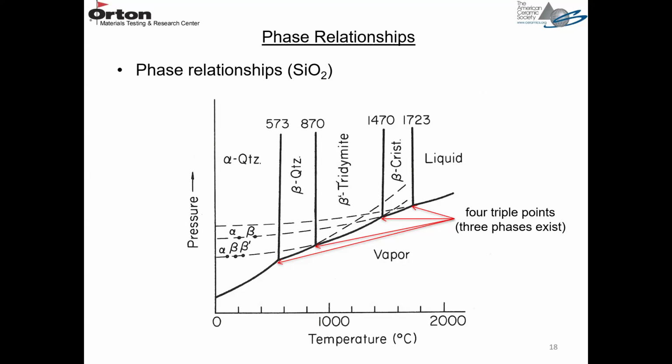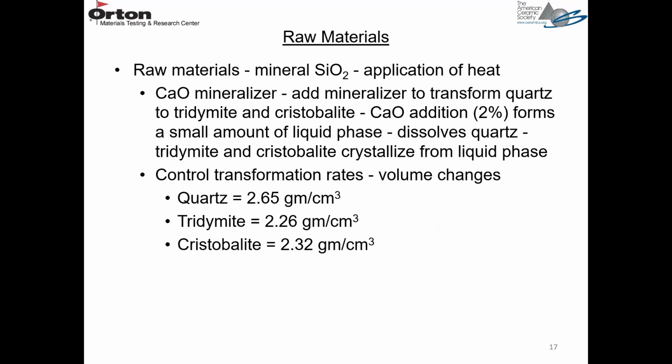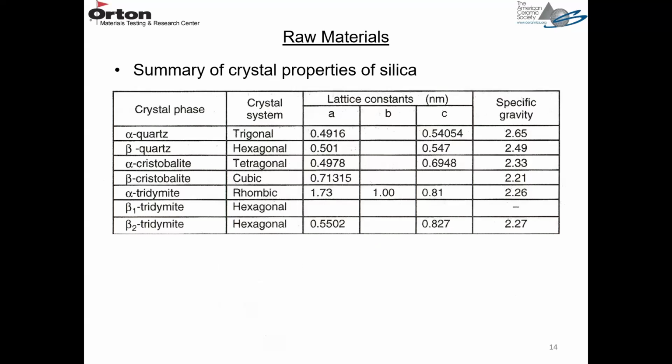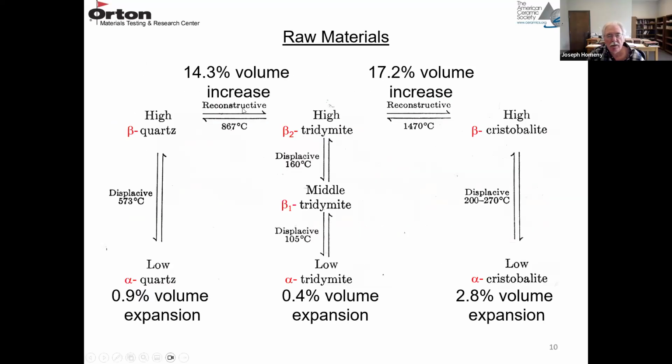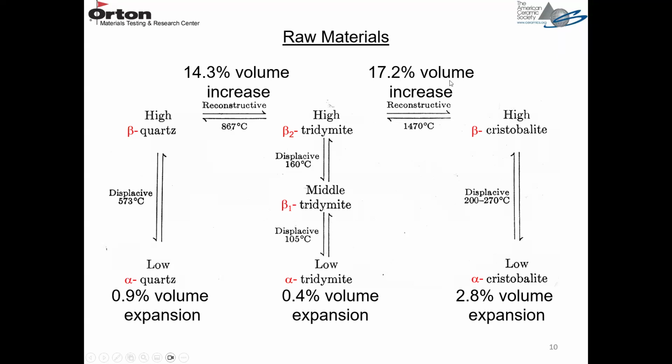I have a question. For the previous slide, you showed the volume change from quartz to tridymite as like 14, and from tridymite to cristobalite was 17, or is it from quartz to cristobalite? Okay, yeah, maybe I didn't make that clear. From quartz to tridymite, it's 14.3, then from quartz to cristobalite, it's 17.2.